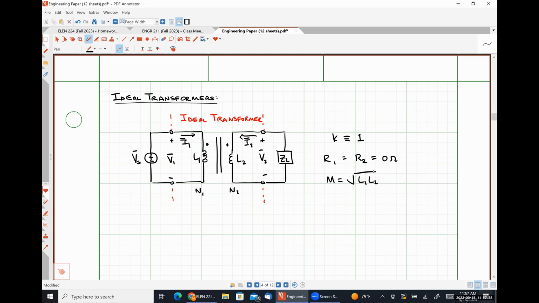Okay, so there is an explicit relationship between the inductance L1 and the inductance L2.